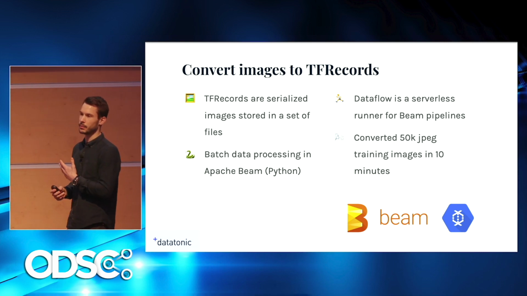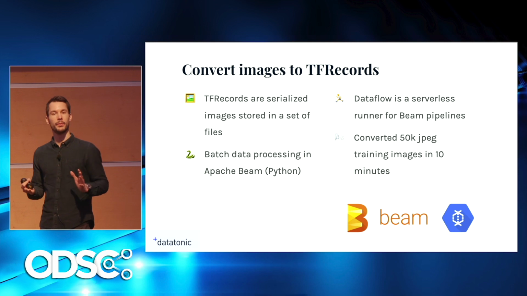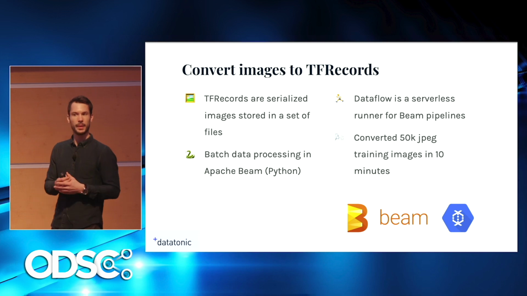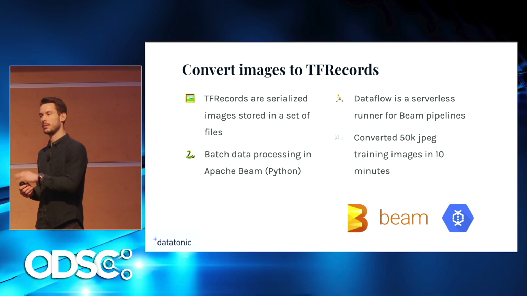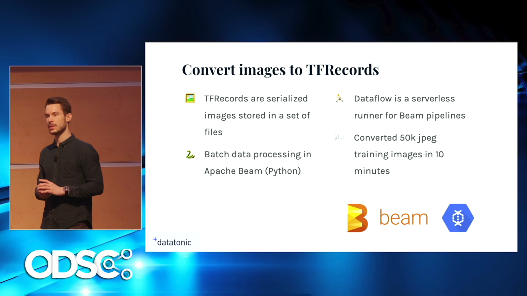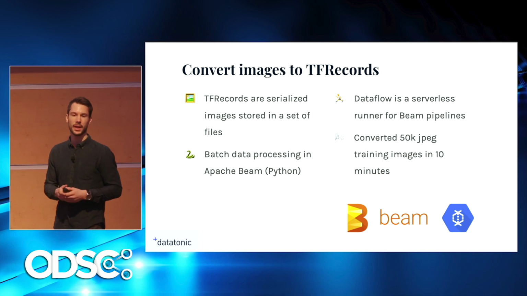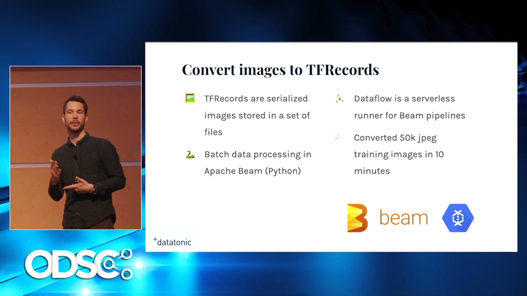The processing we did was actually a Python pipeline, and we used Apache Beam. Apache Beam, if you're not familiar, is a processing framework that does batch and streaming with the same API. Here we did batch processing, but we used an execution engine called Cloud Dataflow in Google, and it allows you to just write Python code on your laptop. You submit it to the service, and it will automatically run the code.